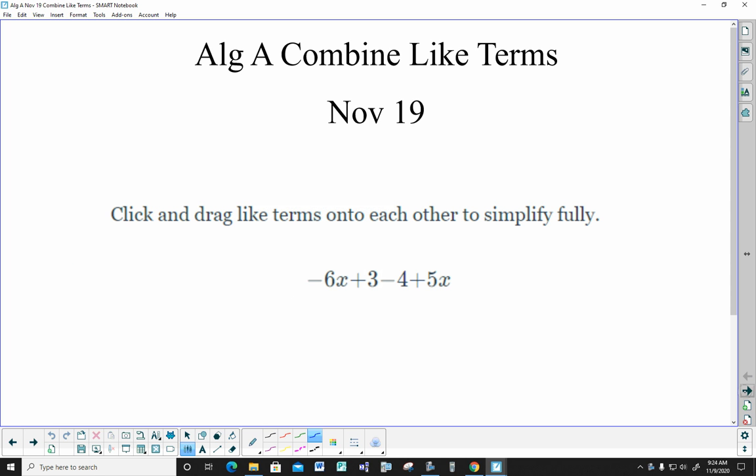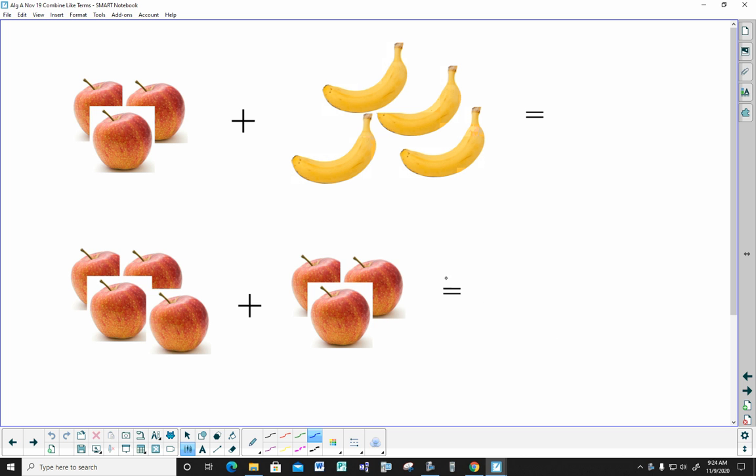So, if I were to ask you guys, what do you get when you add 3 apples and 4 bananas? Well, you can't combine them. You just have 3 apples and 4 bananas. You can't bring them together.